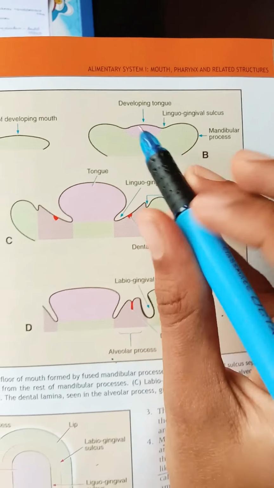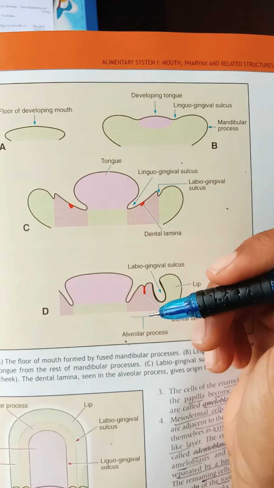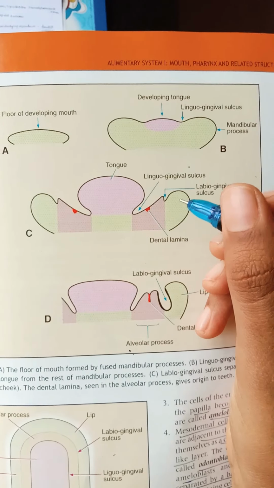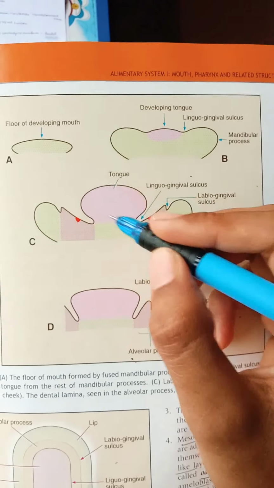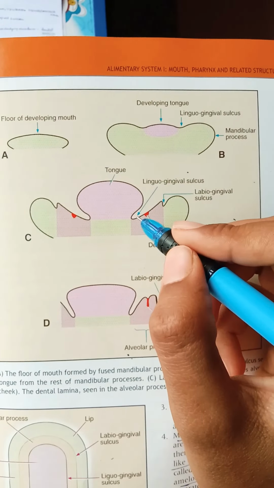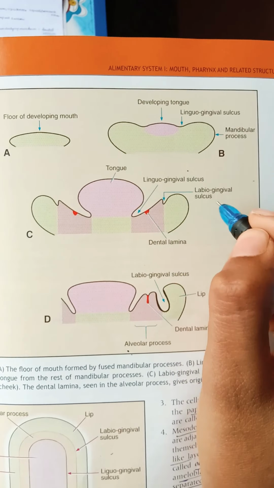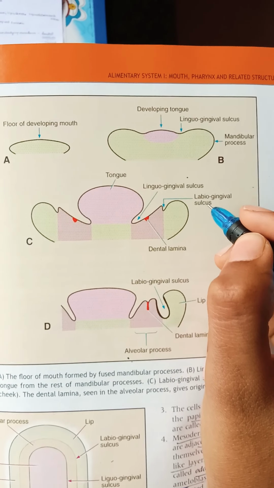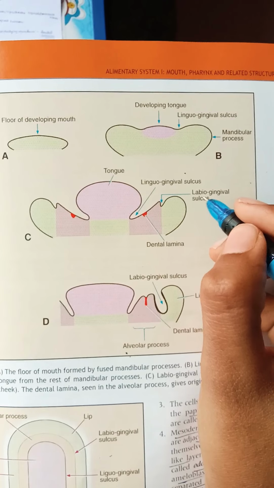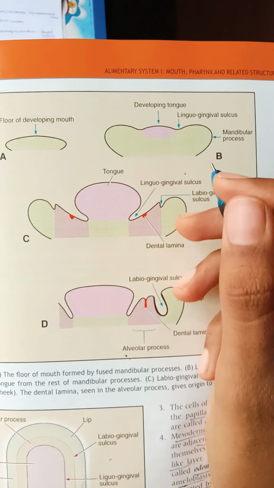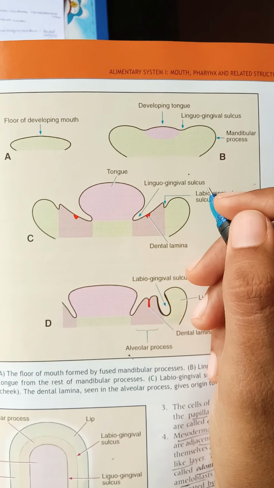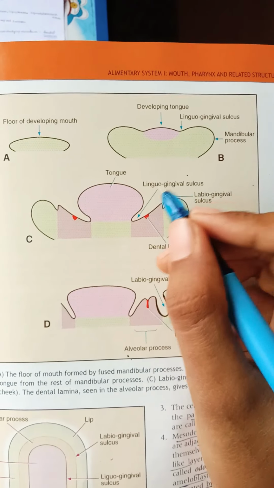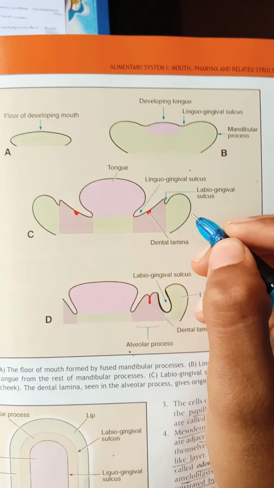This is the mandibular process. We are talking about the lower side, because on the lower side only we have the tongue. So this is the tongue, the linguogingival sulcus, and another sulcus appears, the labiogingival sulcus, which separates the labial part, the alveolar gums and all those things, from the mandibular process.